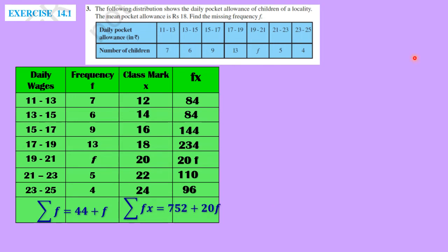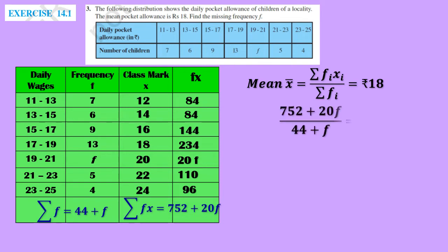Now let us substitute these values in the formula. So here mean is given 18. So 752 plus 20f divided by 44 plus f equal to 18. Now you have to solve it as you solve a linear equation.